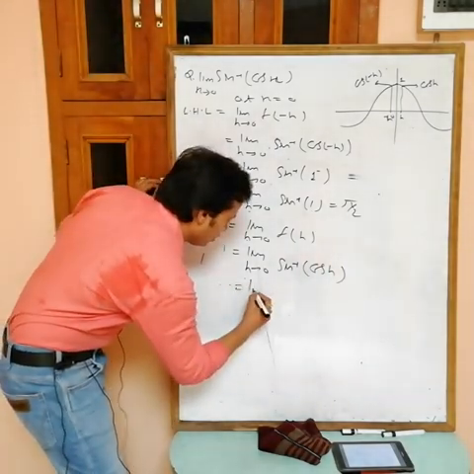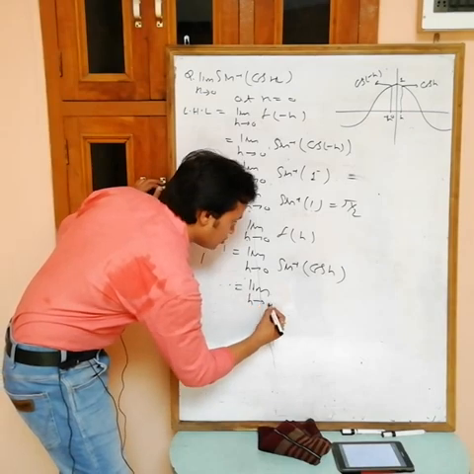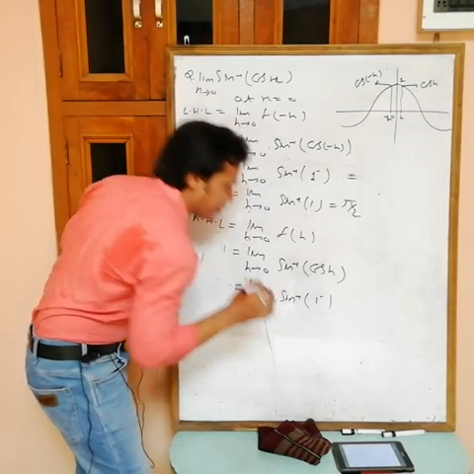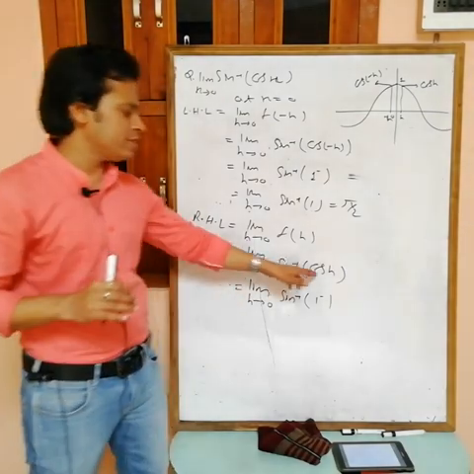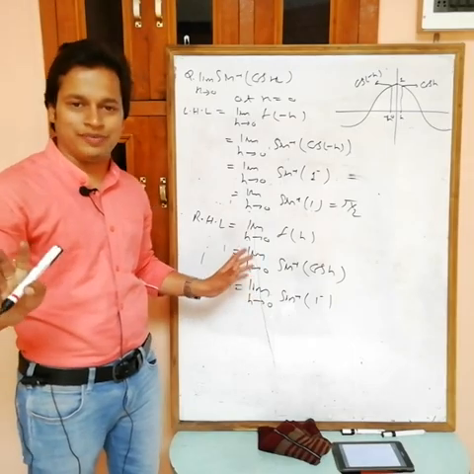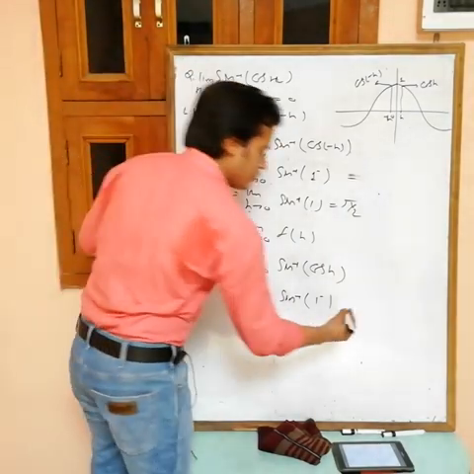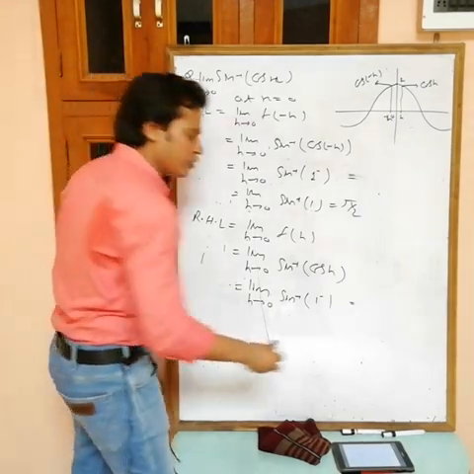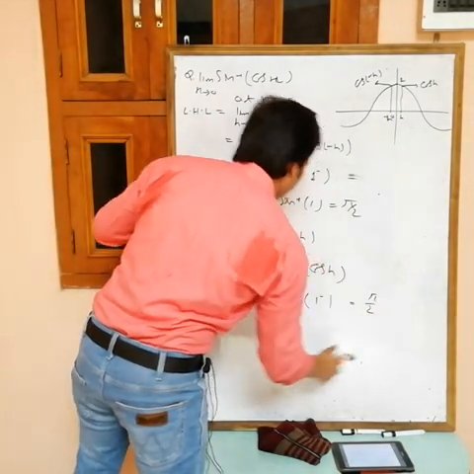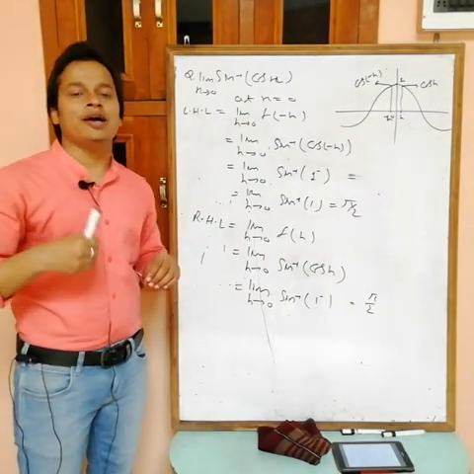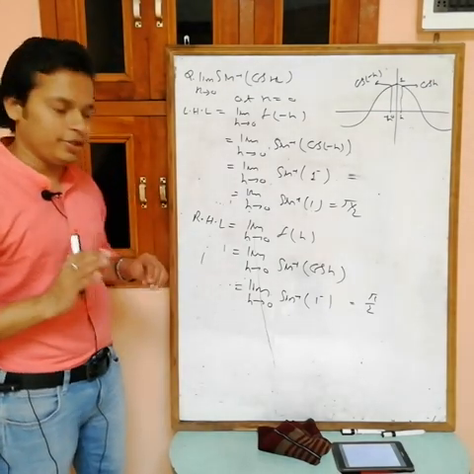So sine inverse of 1 minus is nearly equal to sine inverse 1, which is pi by 2. Now both LHL and RHL are equal to pi by 2, so the limit exists and the answer is pi by 2.